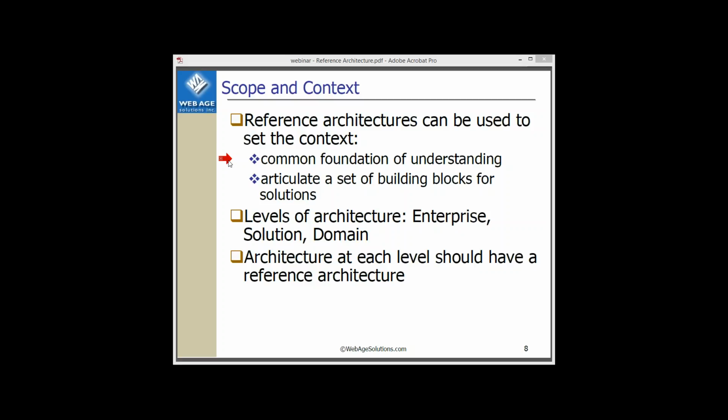They may have established a set of preferred technologies that they're trying to standardize on across the entire organization at all those different levels. So they might put together a reference architecture that describes generically what all those levels are intending to do for all future projects, for all future solutions, or at least the vast majority of them.